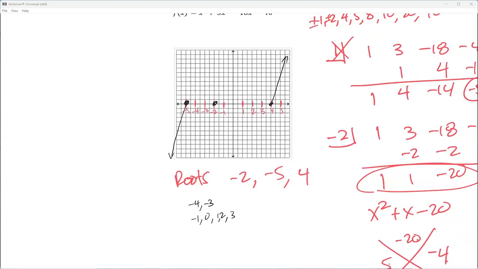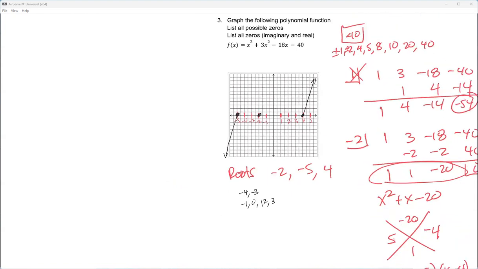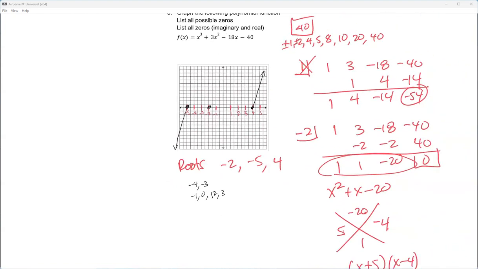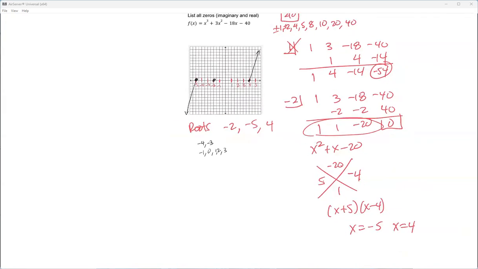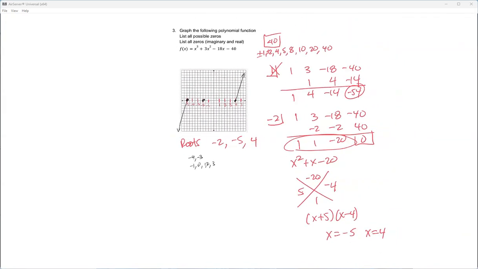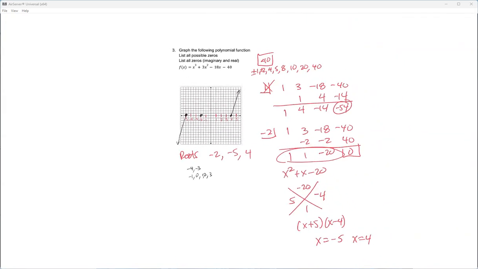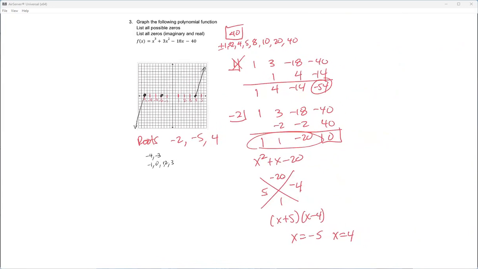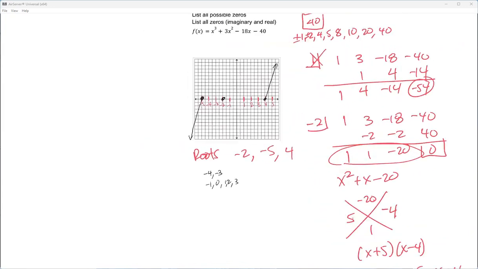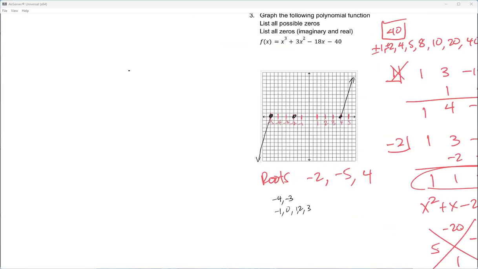I can't really read my writing on the thing, but let's plug in -4 into this. It will be -4 cubed plus 3 times -4 squared minus 18 times -4 minus 40.